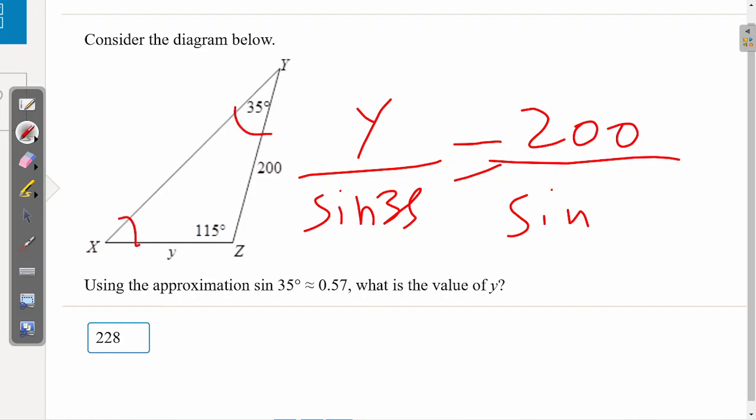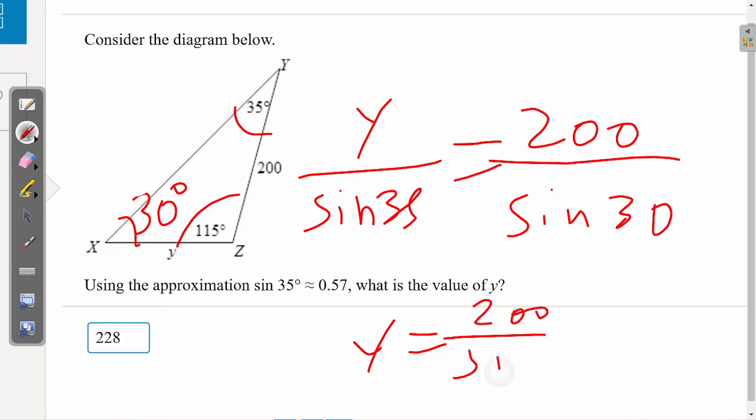You have these other two angles, so you can find x. 35 plus 115 is equal to 150. 180 minus 150 is 30. So this angle is 30. So it's 200 over sine 30, multiplied by sine 35, you'll get 228.